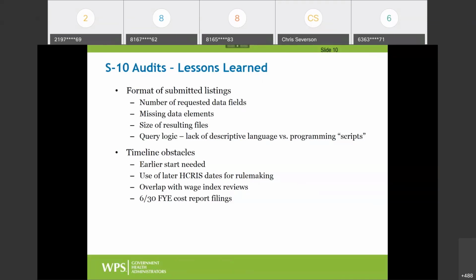But then interwoven with all of this throughout the year, we've got an S-10 MAC work group that we've been participating on. And then we've got regular calls with CMS and Myers and Stauffer throughout the cycle, which, in the heart of the audit cycle, we're meeting as frequently as a biweekly basis, probably from about June through the end of the year.